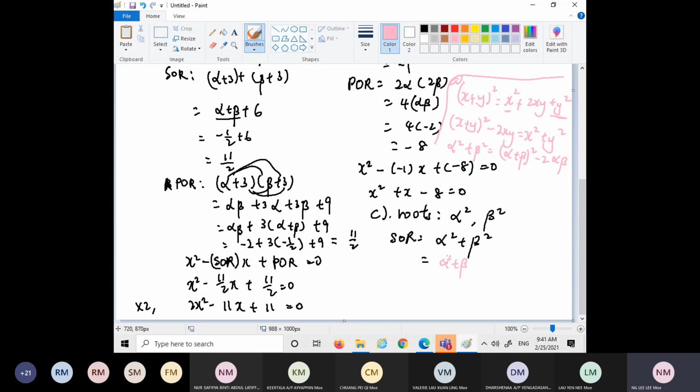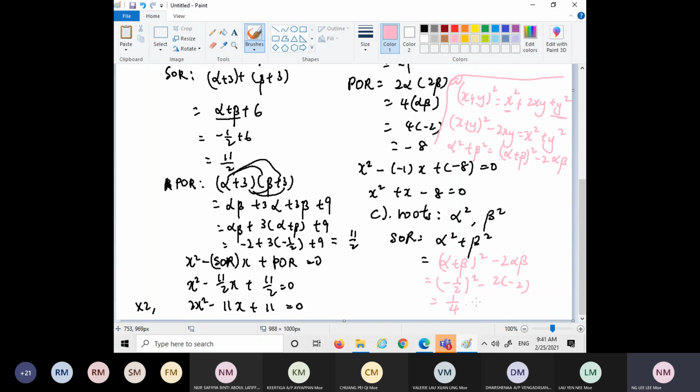If this thing you don't know, then very difficult already, cannot continue. So I'm going to replace alpha plus beta. SOR is negative 1/2 squared, and then alpha beta is negative 2.